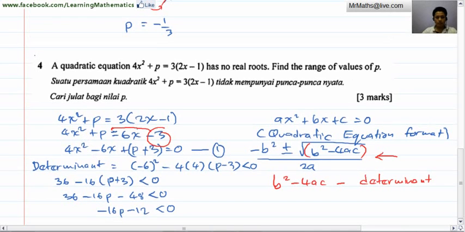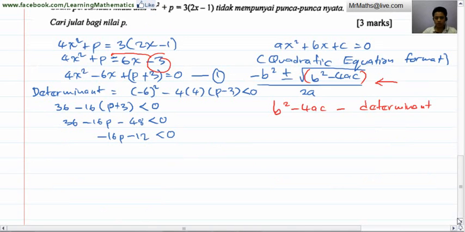So if you want to change the sign, we have a minus sign there in the last line. If you want to change it to become 16p plus 12, then we need to change the sign from less than to greater than 0. So 16p is greater than minus 12, so p is greater than minus 12 over 16.